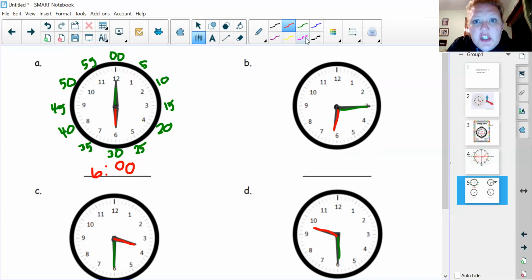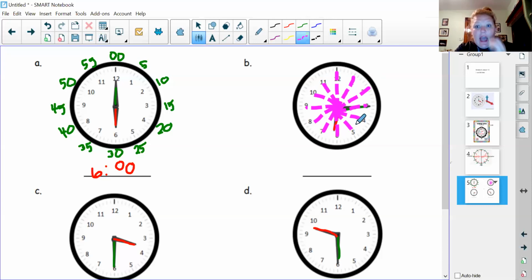Now, one thing I want to show you guys is when we are looking at the hour. Your clock already has these dotted lines on it.